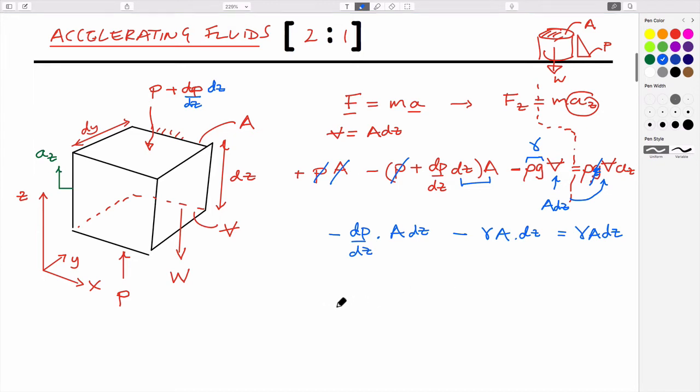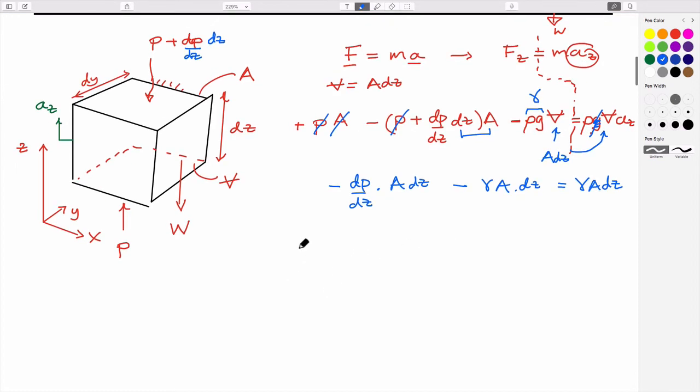And so if we rearrange this, we end up with an expression which I'll write out in longhand, which is divide through both sides by volume, which is what this is exactly. And we end up in the z direction with an expression which is minus, it should really be a partial derivative, let's not worry about that.